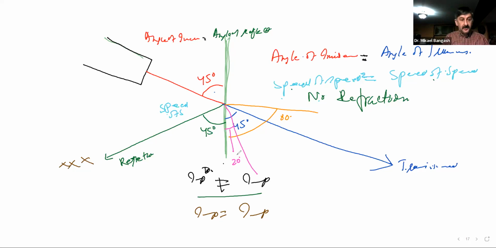So what would these two here be? What would this here be? Or even this one here. Both of them would be angles of refraction.